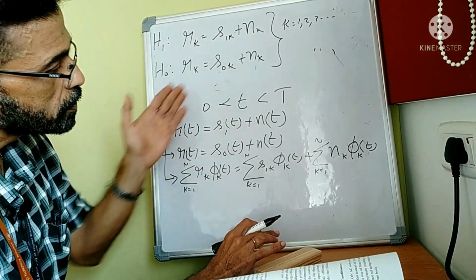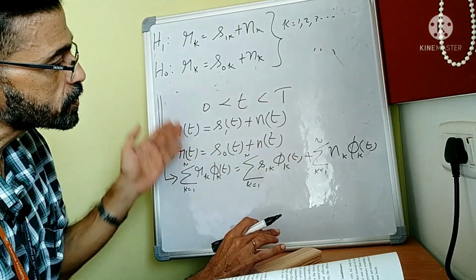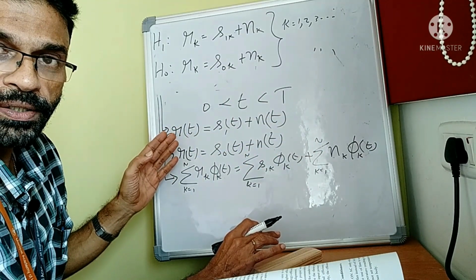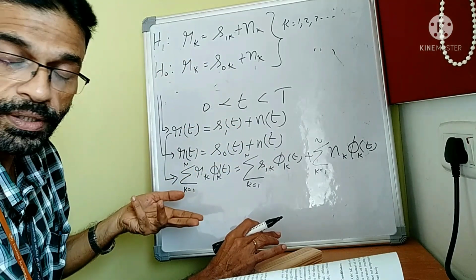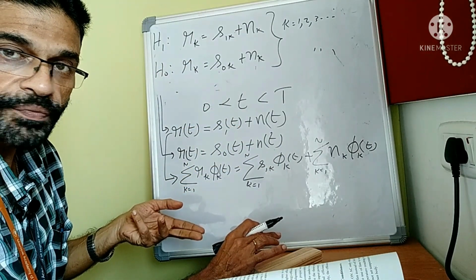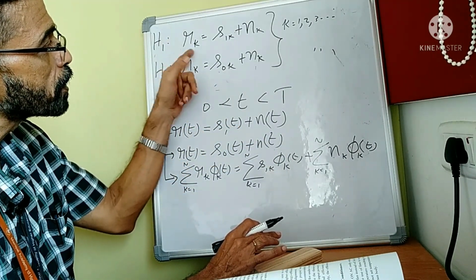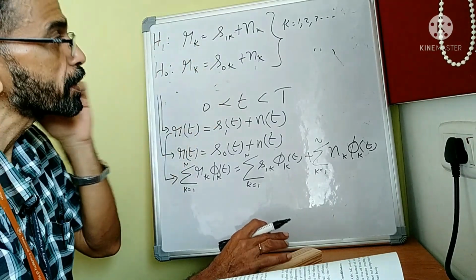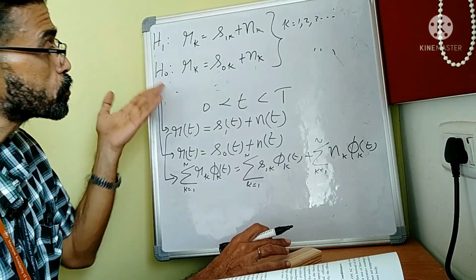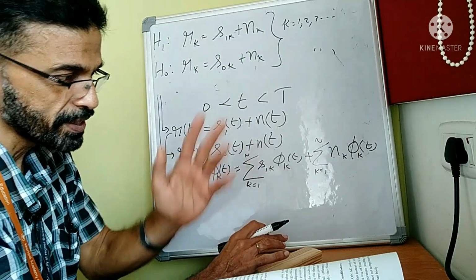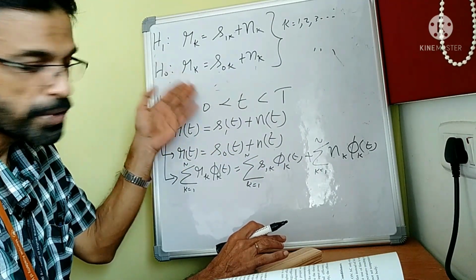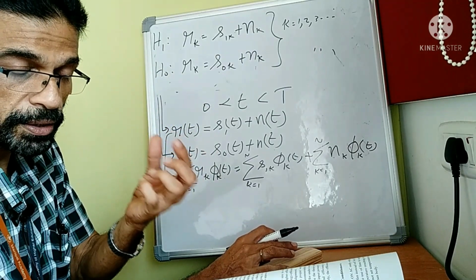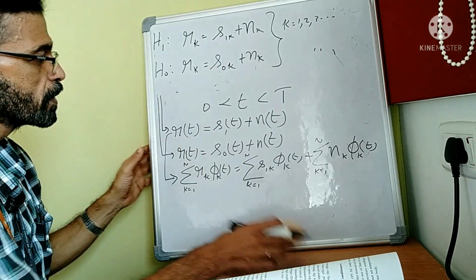These developments show that it is possible to represent the received sample realization in terms of random variables R1, R2, R3, R4, etc. up to Rn. Similarly, when H0 is the true hypothesis, it sends S0 t as the signal, and it is possible to represent that again as R1, R2, R3, random variables.